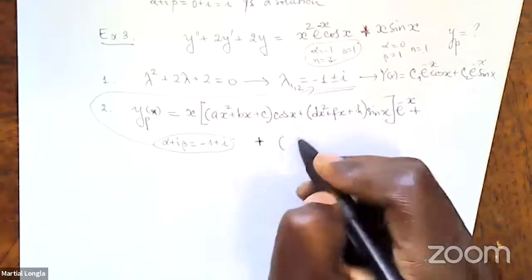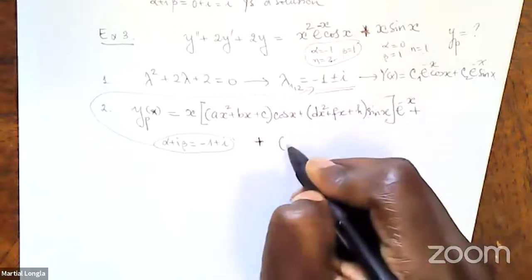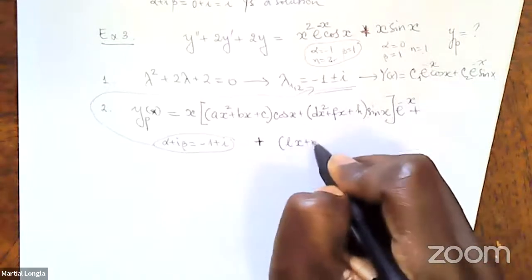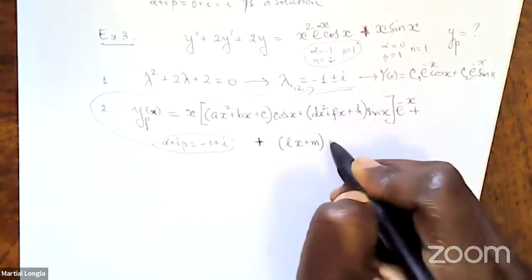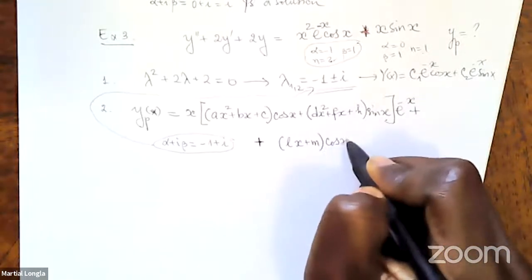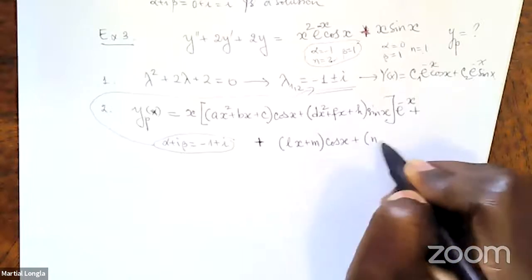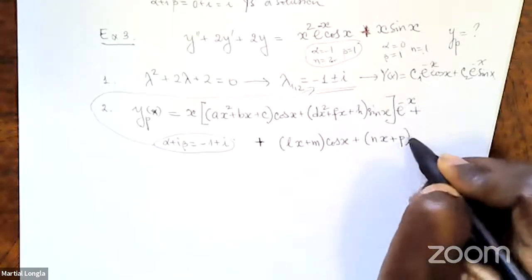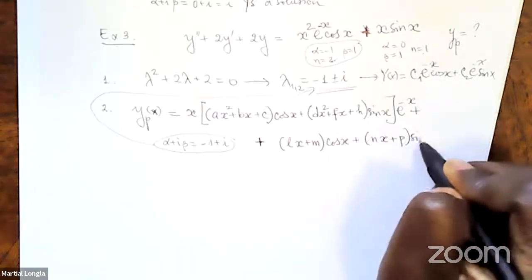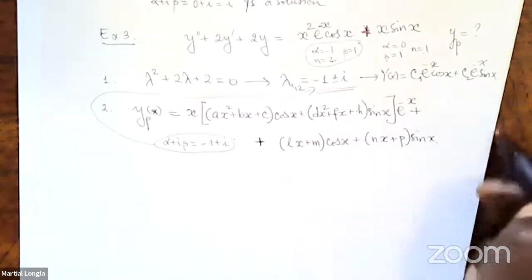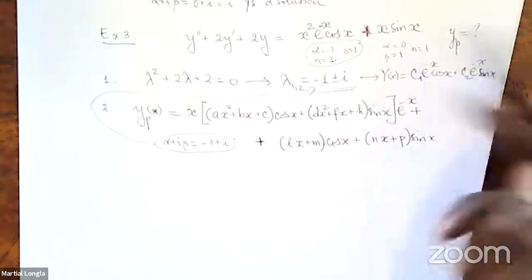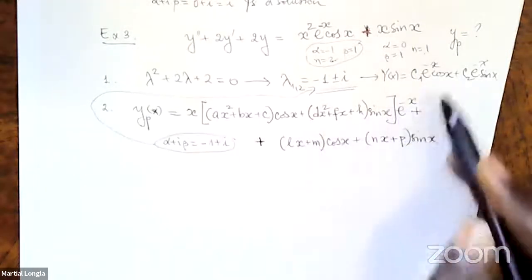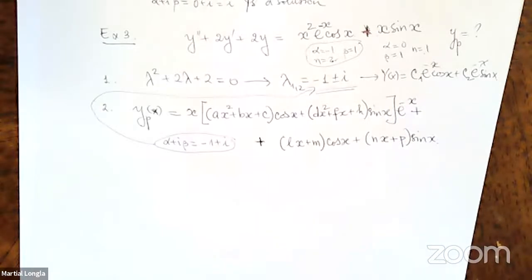So that's going to be (Lx plus m) cosine of x plus (nx plus p) sine x. And that's it. There's no e because there's no e in that form. So this whole thing is what yp of x would be in this case.